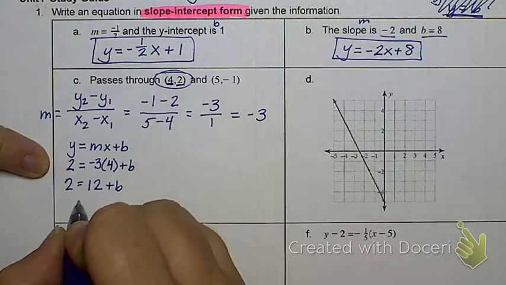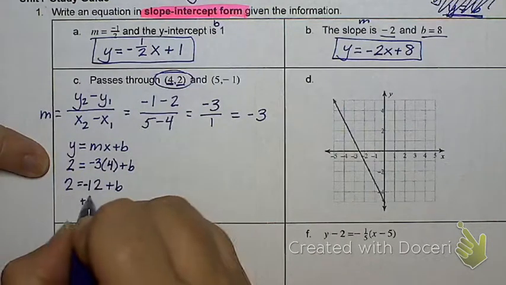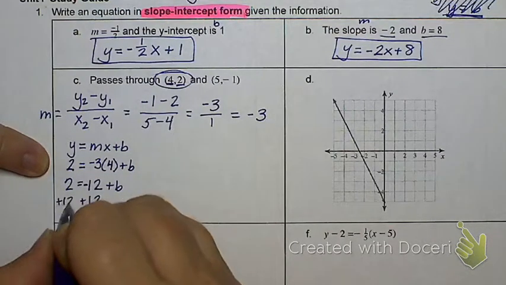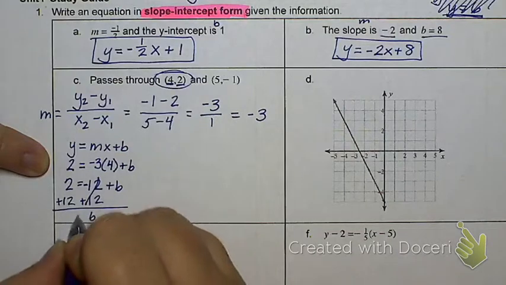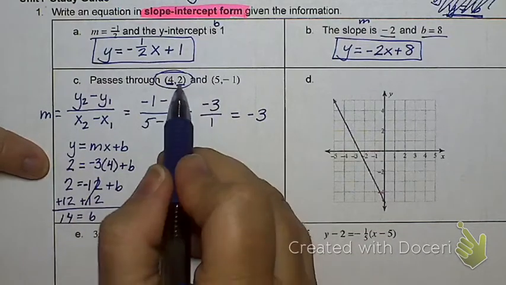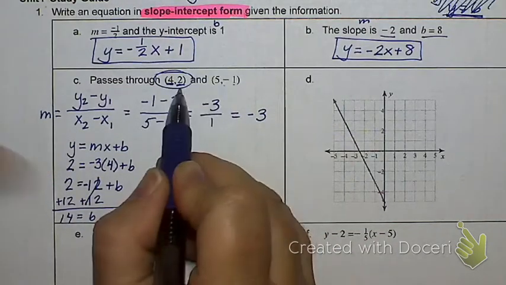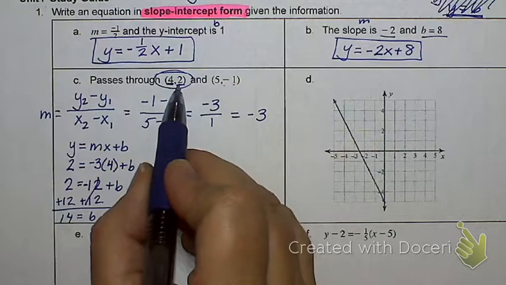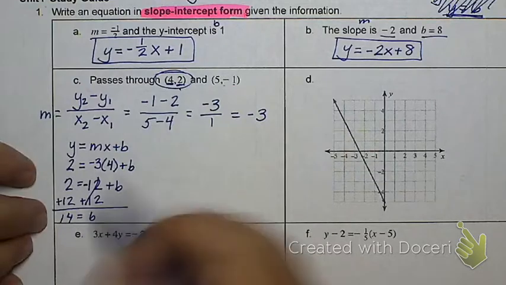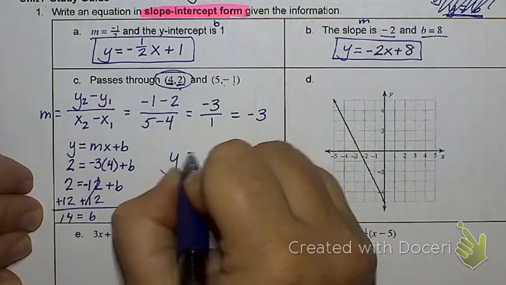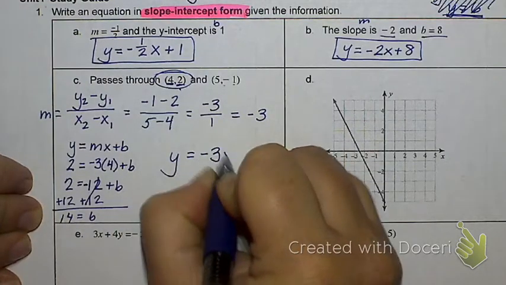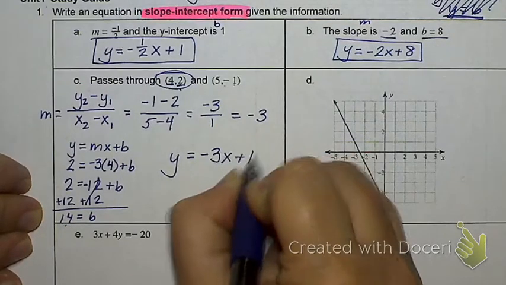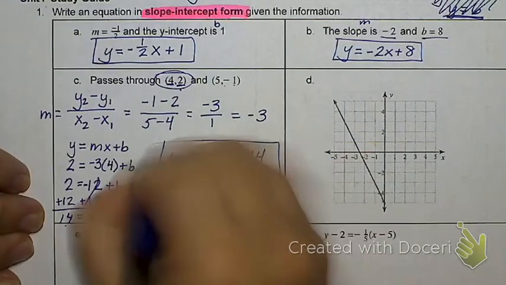And then it's negative 12. You will add 12, and b equals 14. You cannot just pick one of these y values to be your y-intercept. It's not a y-intercept. It's not on the y-axis. Okay? So there's my b value. So my answer is going to be y equals negative 3x plus 14.